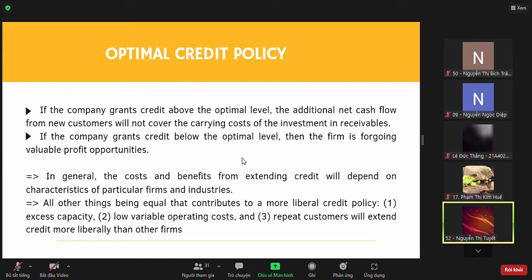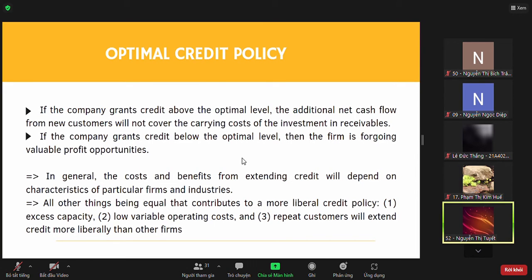And to conclude, the costs and benefits of extending credit depend on the characteristics of the particular firms and industries.